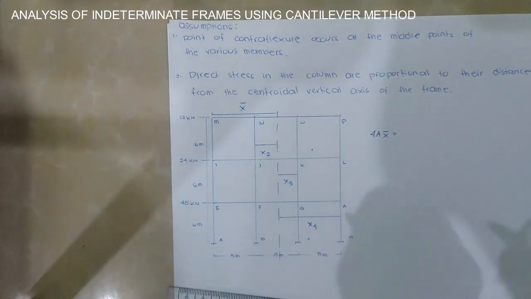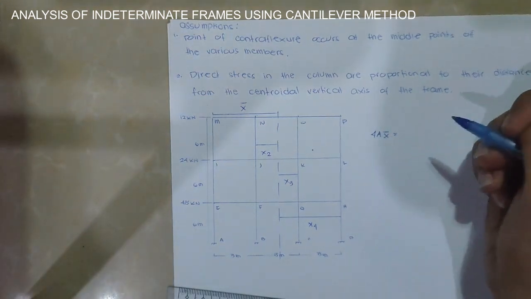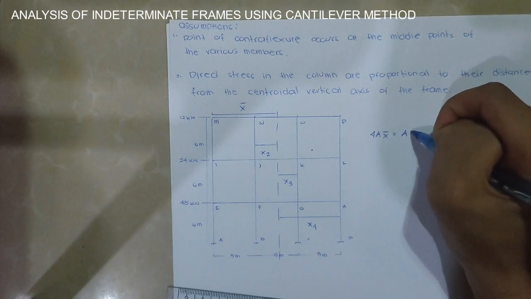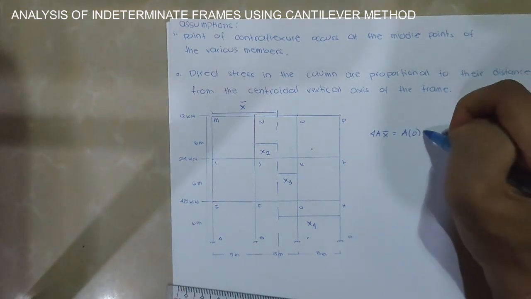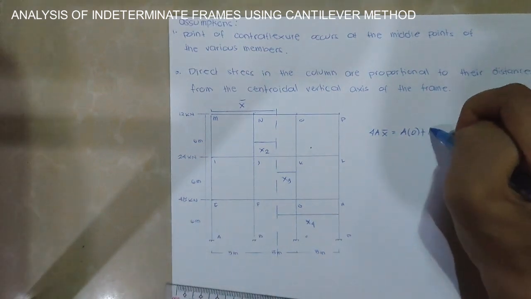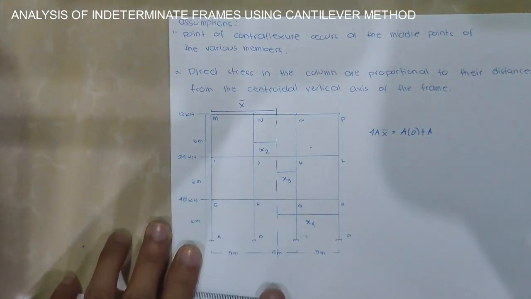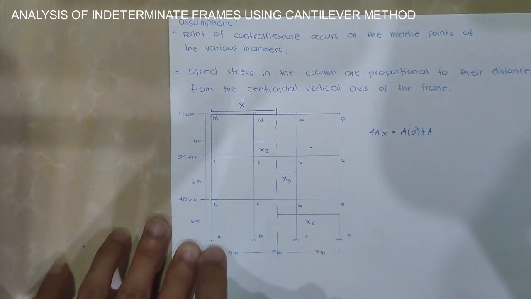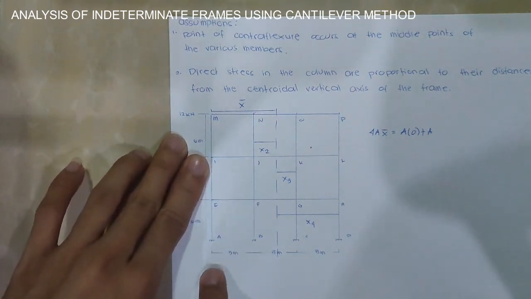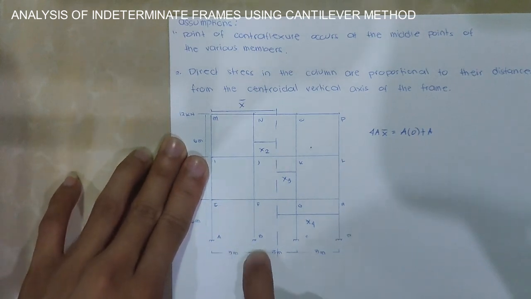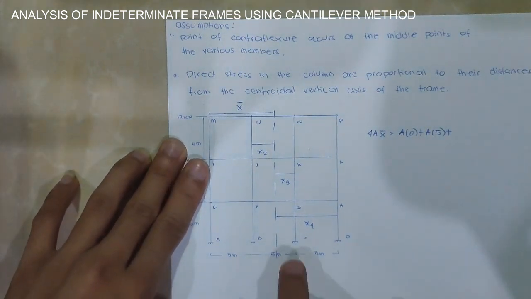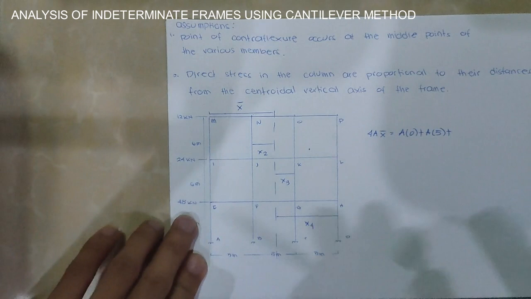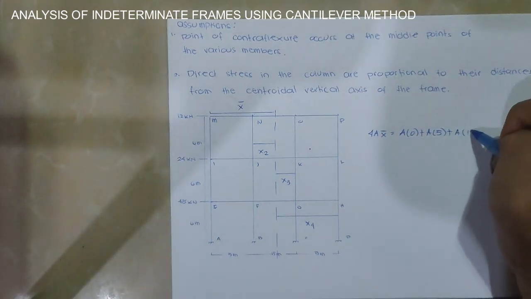According to Varignon's theorem, since we have 4A x bar, then the area 1, since this is our reference column, doesn't have a distance. From our reference column to our second column, the distance will be 5, so times 5, plus the third column from our reference column will be 10.